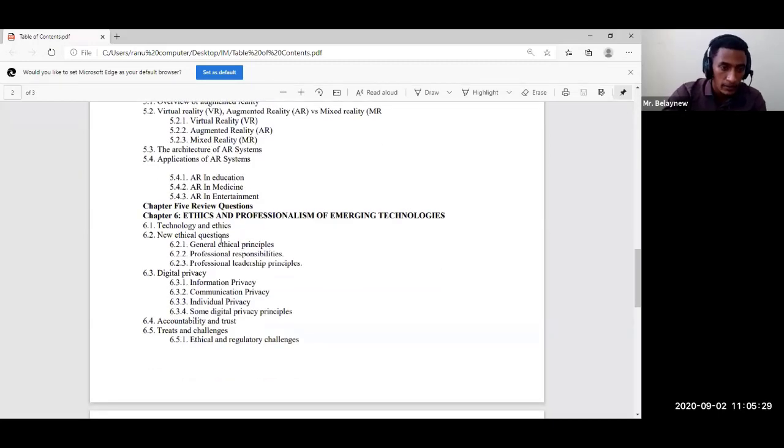And in chapter 6 we will see ethics: ethics in technology, or in emerging technology, or professional ethics. For example, what kind of ethical problems can there be? For example, when we consider a mobile network for SMS, or short message service, what problem could it have?